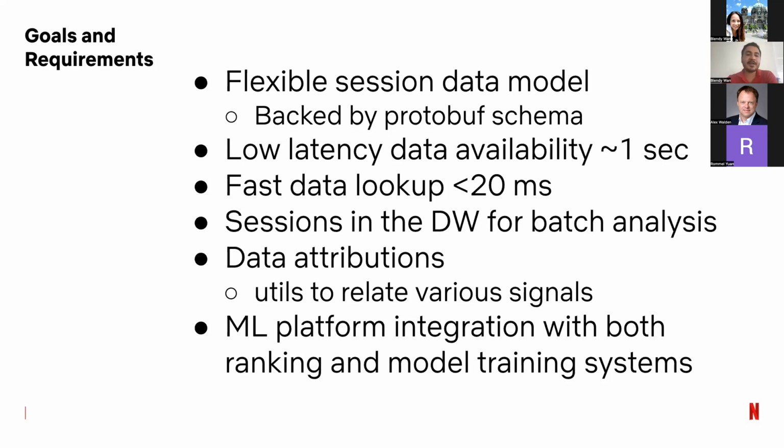The way we do it is that this session is basically a protobuf schema where we never make backward incompatible changes. So we are keeping this metric evolving without breaking any of the consumers. Lookup time median is less than 20 milliseconds. For historical sessions it is actually 4 to 5 milliseconds, which is really, really quick.